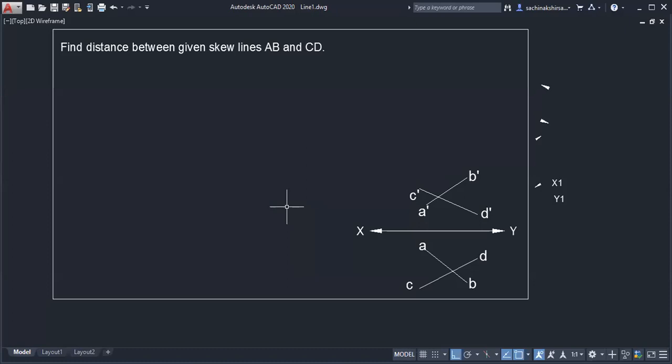Very good. If it is parallel to the other plane, what will it show in that plane? True length. So whatever problem you are observing on this screen, our aim is to get the true length and point view. That will be the solution of this problem.